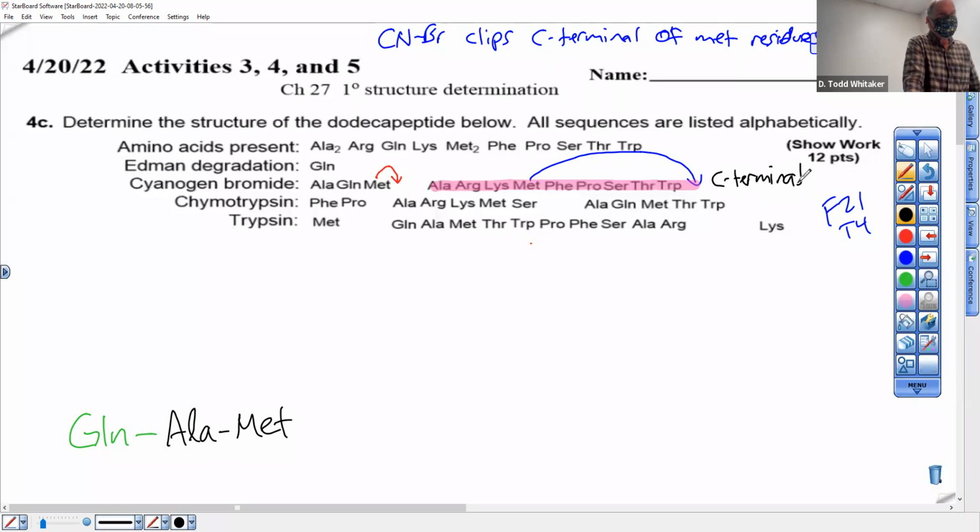How do you memorize that? They're not alphabetical. How about N is an amine with an A, and C is a carboxylic acid with a C? Now they're alphabetical. There you go. Amino versus carboxyl. All right, and nothing more can be gleaned from the cyanogen bromide experiment.